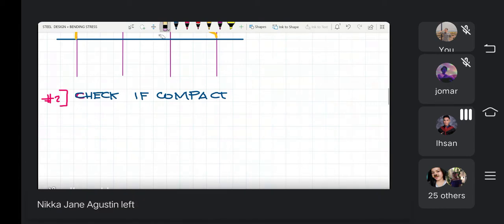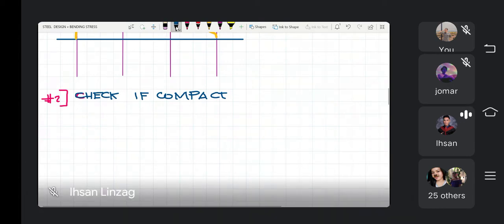So, for the first condition, if it is compact, dapat yung flange natin is continuously connected sa ating web, which is correct, which is compact because we are using the W section. So, continuously connected naman yung flange.